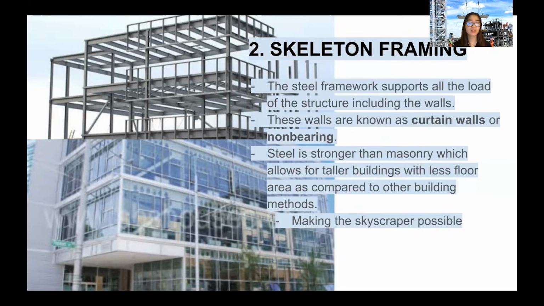This is the framing system that allows huge skyscrapers with curtain walls and huge windows. Steel is stronger than masonry, which allows for taller buildings with less floor area as compared to other building methods, making the skyscraper possible. Again, they can withstand the load of every floor, so it can be used for skyscrapers.